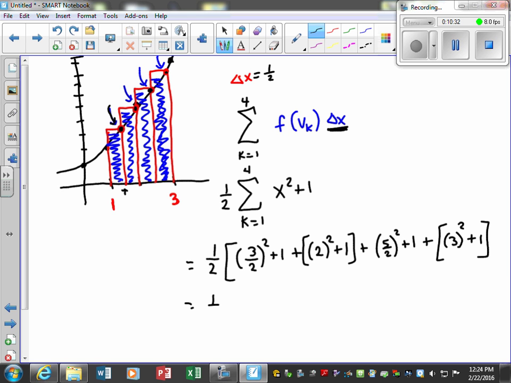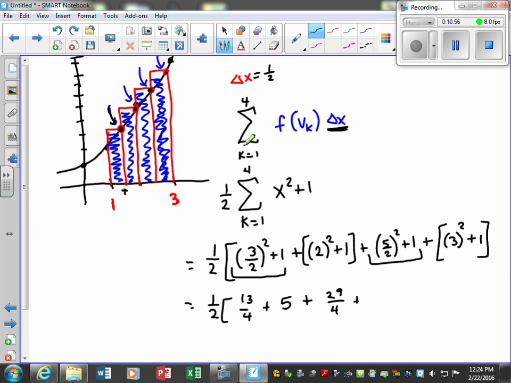We'll just do the calculations on those. 9/4 plus 1 is going to give you 13/4 right there. 2 squared plus 1 is 5. This term, which is 5/2 squared, so that's 25/4 plus 1, which would be 29/4.